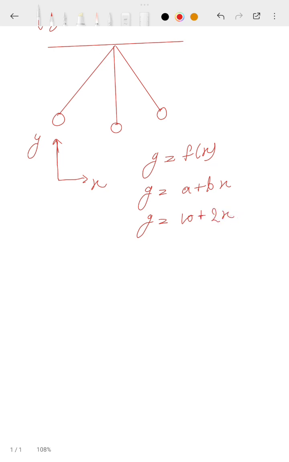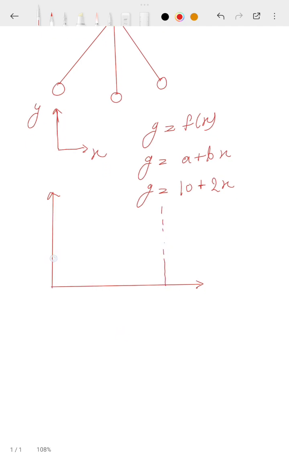So gravity will be increasing from this left side to right side. So how gravity will be changing at that moment, I can draw the graph. Here, this is g and this is x.